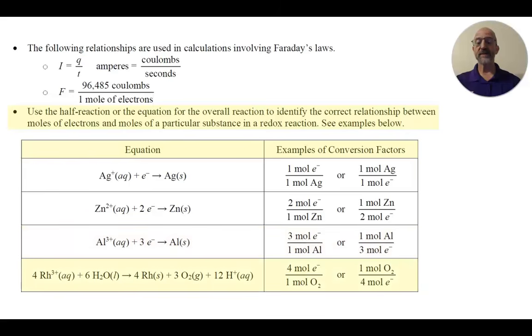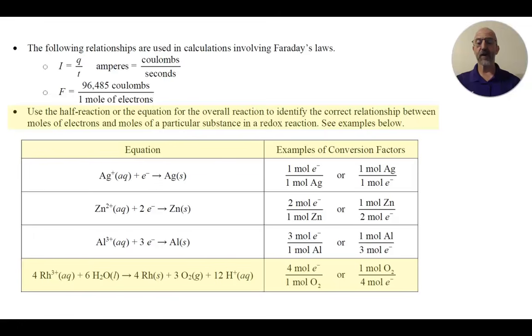Now the last one's a little more tricky or challenging because what you're looking at the bottom of that table on this slide is an overall balanced equation. You don't see the electrons actually listed in that equation, but they were present in the half reactions that were added together.